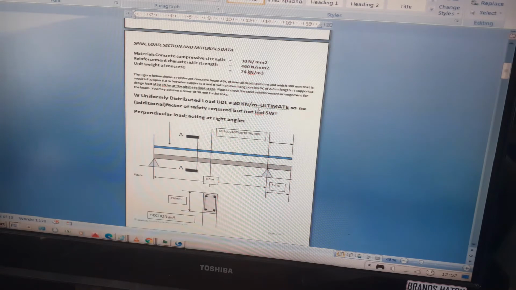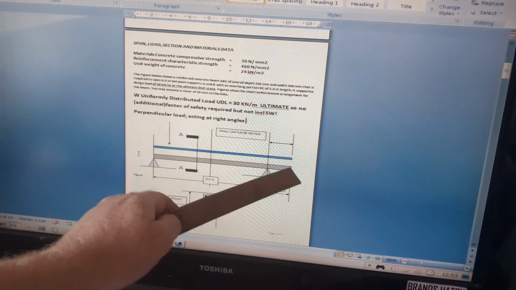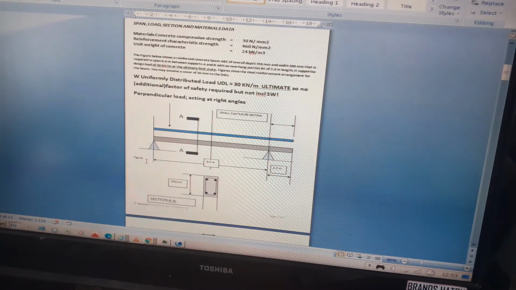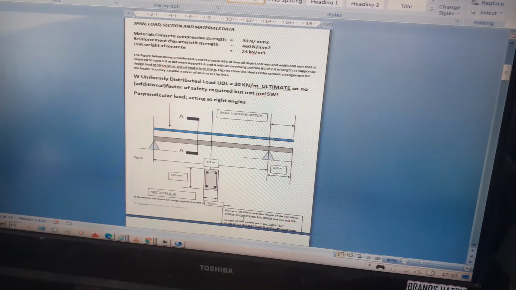I don't know whether you can see the question that well, but I'll read it out so you won't have to worry about reading the figure below. This diagram, as I'm highlighting with the mouse, shows a reinforced concrete beam spanning A, B, C with an overall depth of 350 and width of 300.